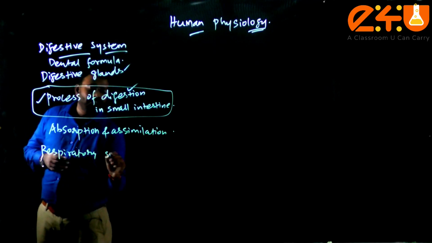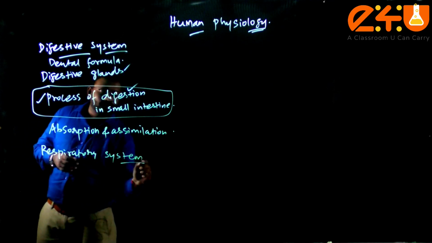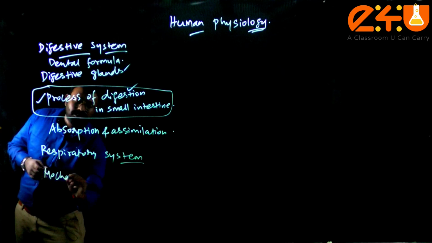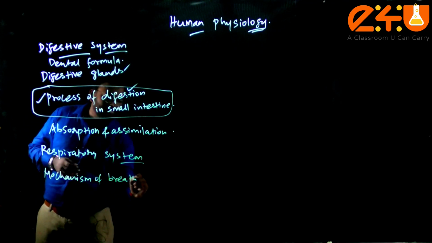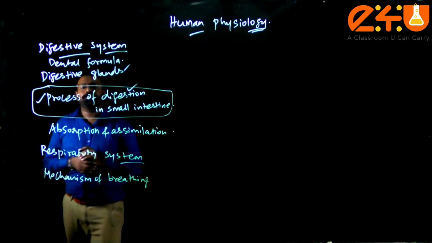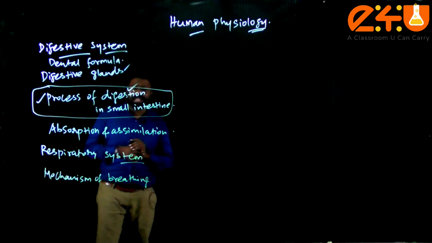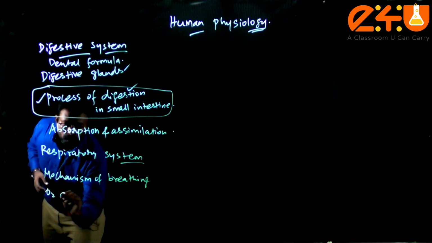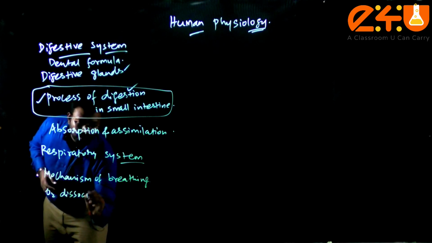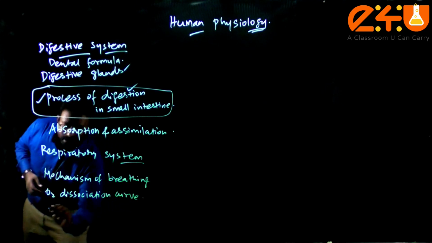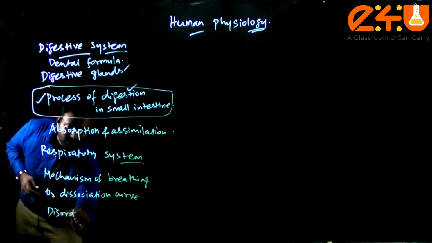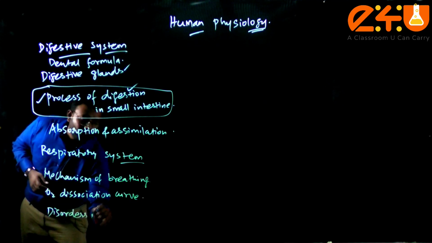Respiratory system, where they will ask MCQs on the mechanism of breathing. Comparatively with other units, the respiratory system has the fewest MCQs, but still your focus should be on the mechanism of breathing, the O2 dissociation curve, and after this the disorders area, disorders and values.